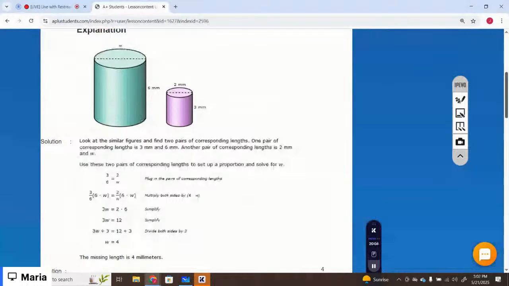We have to look at their corresponding lengths. One pair of corresponding lengths is 3 millimeters and 6 millimeters, and the other is 2 millimeters and W. So just make a proportion between them, that is 3 by 6 equals 2 by W. Cross multiply and solve for W, so the missing number is 4.